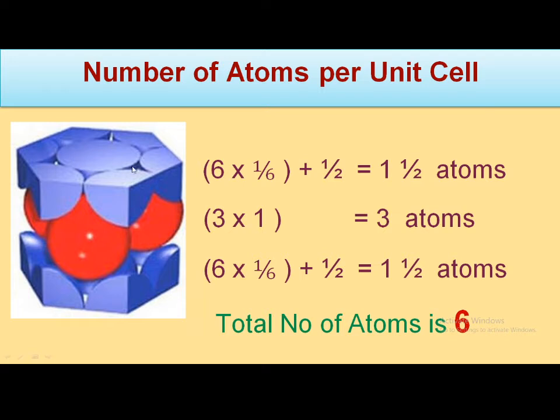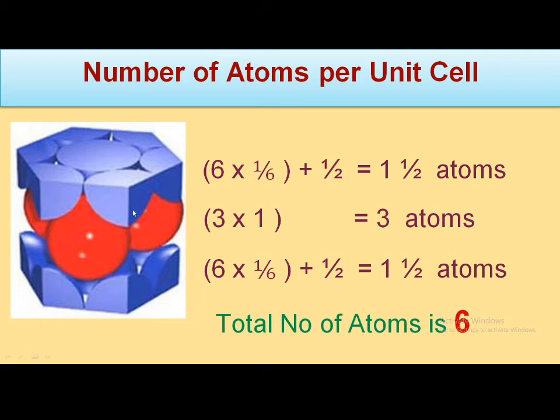In a similar way, the face center atom is always common to 2 adjacent faces, so only 1/2 of this atom is contributing to this unit cell. So 6 into 1/6 plus 1/2, which is equal to 1.5 atoms, are contributing from this layer to this particular unit cell. In a similar way, the bottom layer also contributes 1.5 atoms to this unit cell.